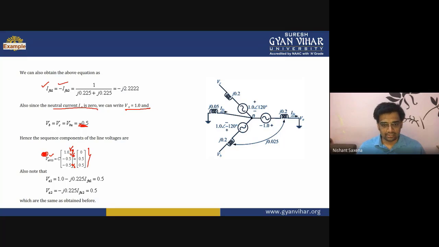Therefore, I will be getting this one, that is 0, 0.5, and 0.5. Therefore, VA1 is equal to 0.5 and VA2 is also 0.5, which is the same as obtained before. I hope this is clear to you, how the positive, negative, and zero sequence voltages and currents are obtained for a line-to-line short circuit, an unsymmetrical fault of line-to-line short type.